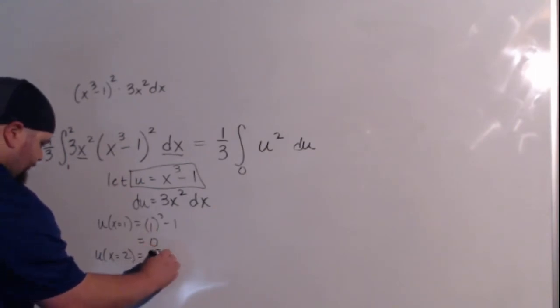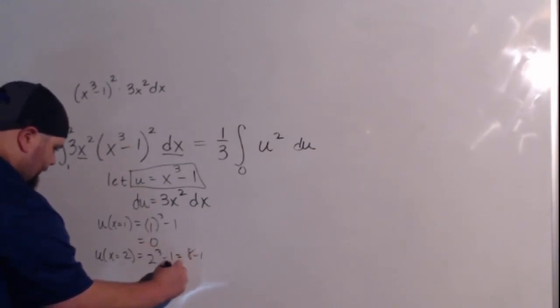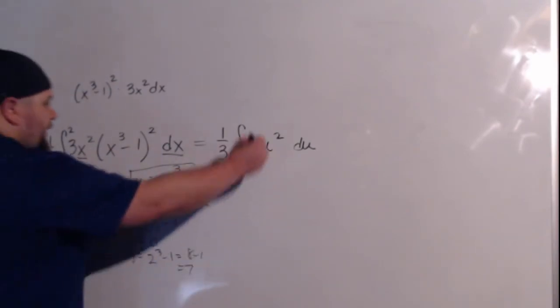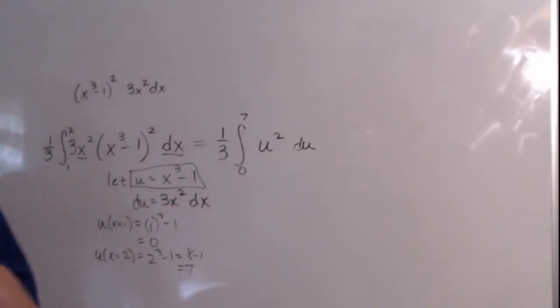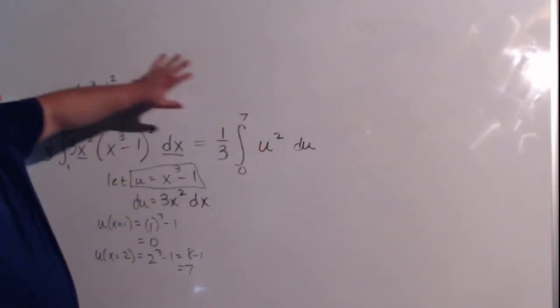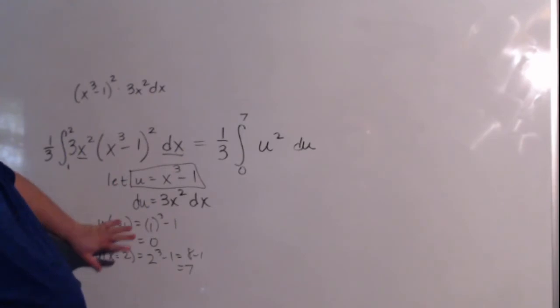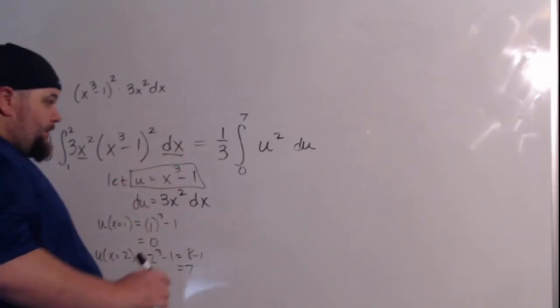Well, that's 2 cubed minus 1, or 8 minus 1, which is 7. So the upper bound is 7. So I do not have to back substitute at this point. I've turned my values into u, so I can integrate.